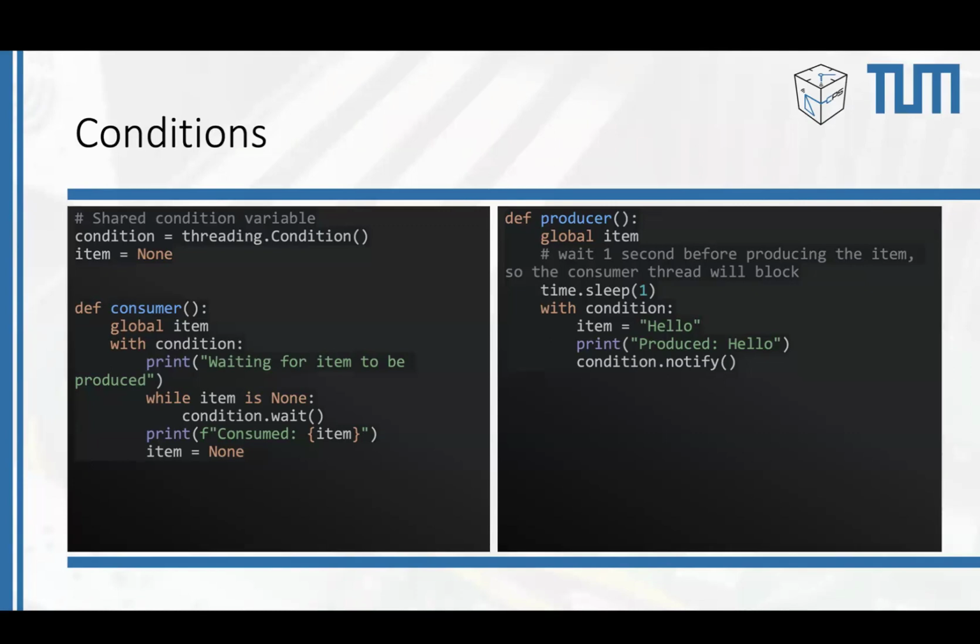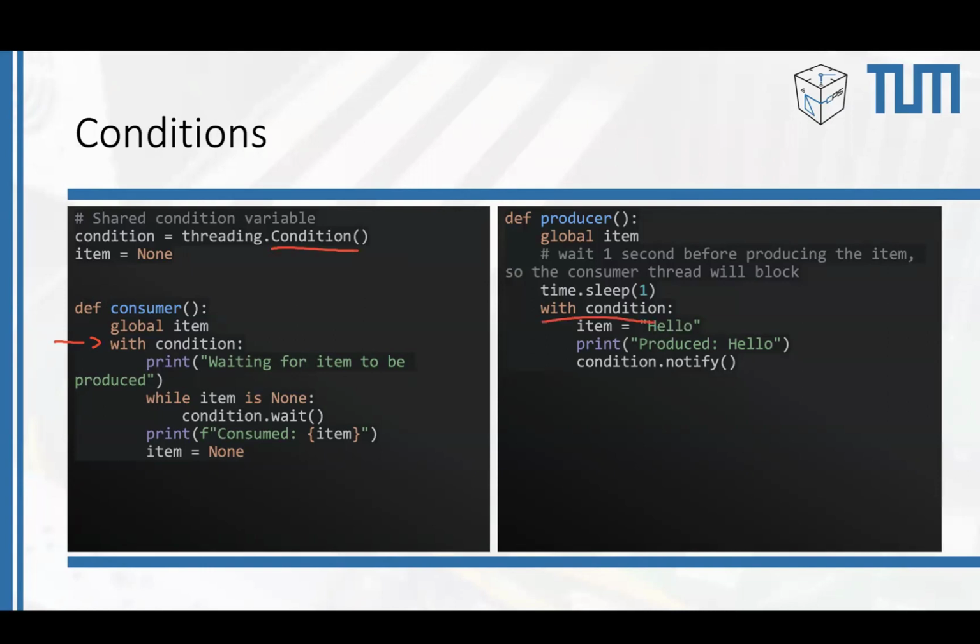So in this case, we use a condition. The interesting fact about this condition is that when you enter the context manager, like with condition, this is a typical context manager, like with file open as f, this condition has an internal lock, and it will lock this internal lock, so that these two with conditions cannot operate at the same time.